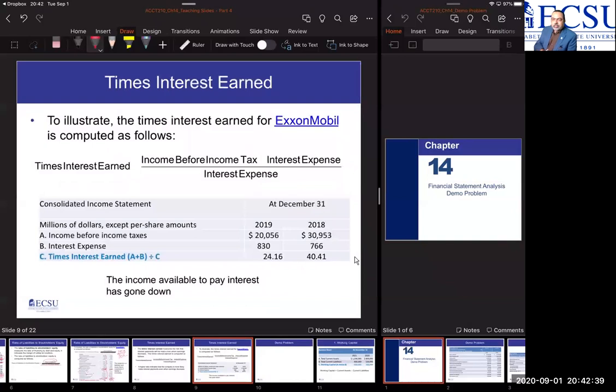Let's see ExxonMobil's 2019 times interest earned ratio. So income before taxes was, of course, 20,056, and then the interest expense was 830.